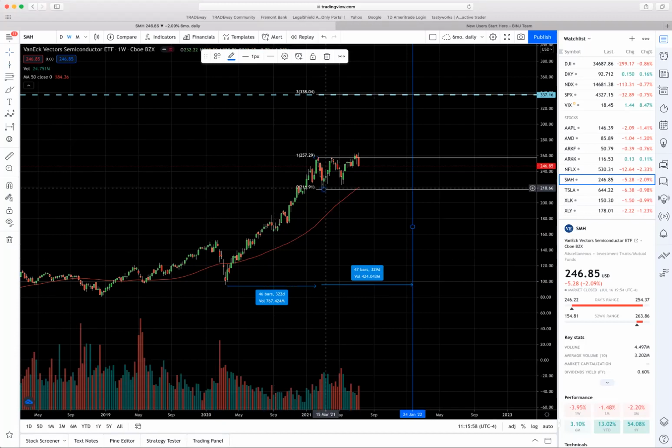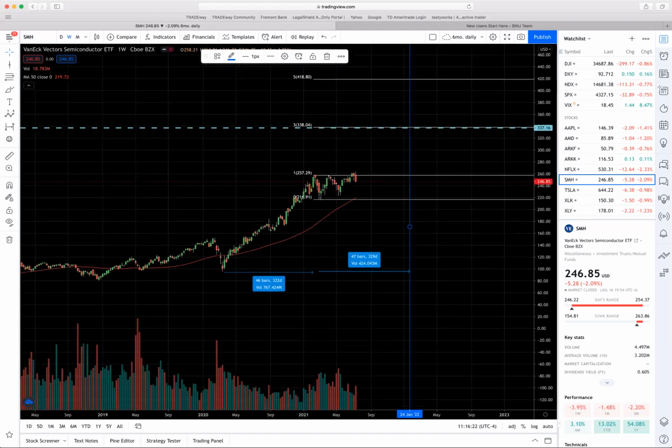Because here we would have 1, 2, then this 3 is going to go up here somewhere, 4 and 5. But also consider that 3 could just go to 338. The peak of the third wave of the Elliott wave can be 338, pulls back for 4, and then just goes higher for 5. There's a lot to be considered here.